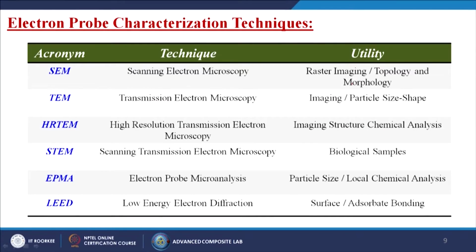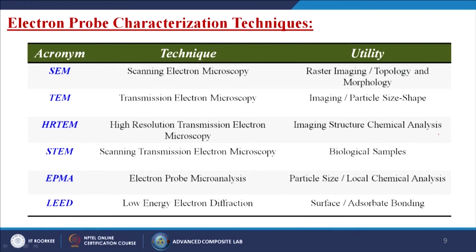Now, first, electron probe characterization techniques are also divided into several parts. First is SEM. SEM means scanning electron microscopy. What is the utility? Raster imaging, topology and morphology of the material, that kind of information we generally get. Next is TEM, transmission electron microscopy, where we get imaging and particle size or shape. HRTEM, high resolution transmission electron microscopy, gives imaging, structure and chemical analysis.